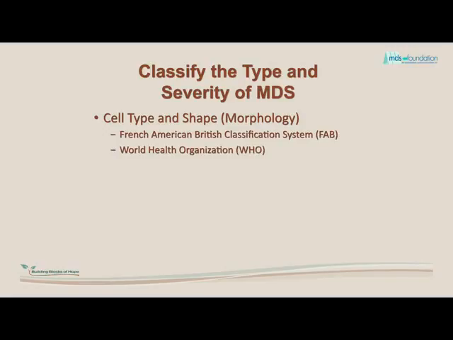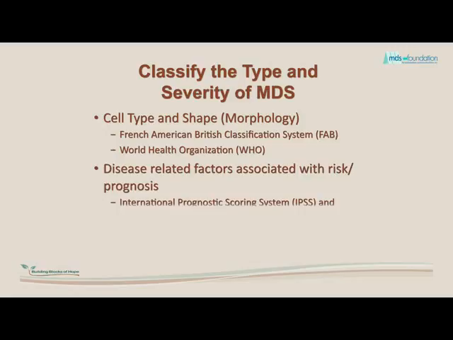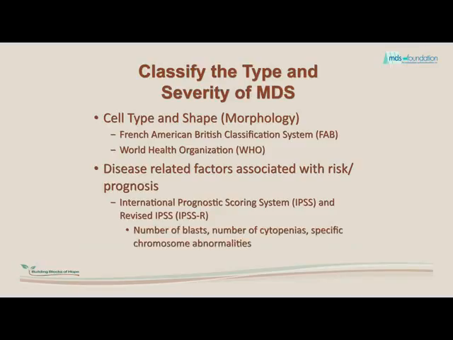To determine the prognosis, we evaluate disease-related features associated with risk. To do this, we use the International Prognostic Scoring System, or IPSS, and more recently the revised IPSS, or what we call the IPSS-R. These evaluate the number of blasts in the bone marrow, the number of cytopenias in the peripheral blood, and specific chromosome abnormalities.